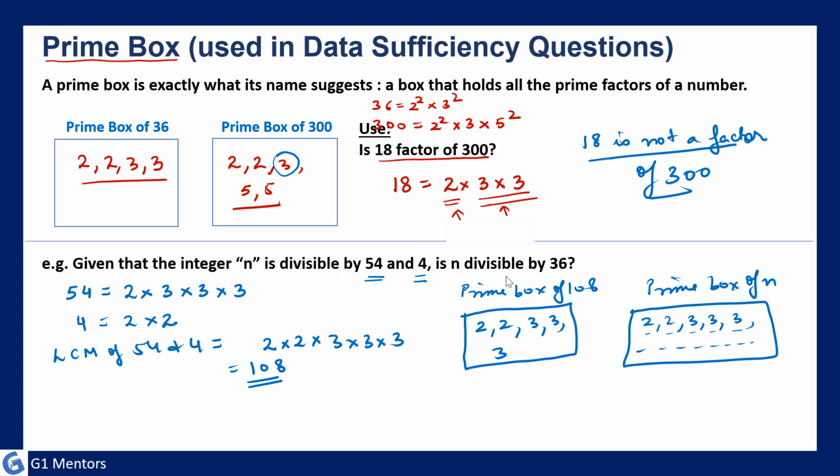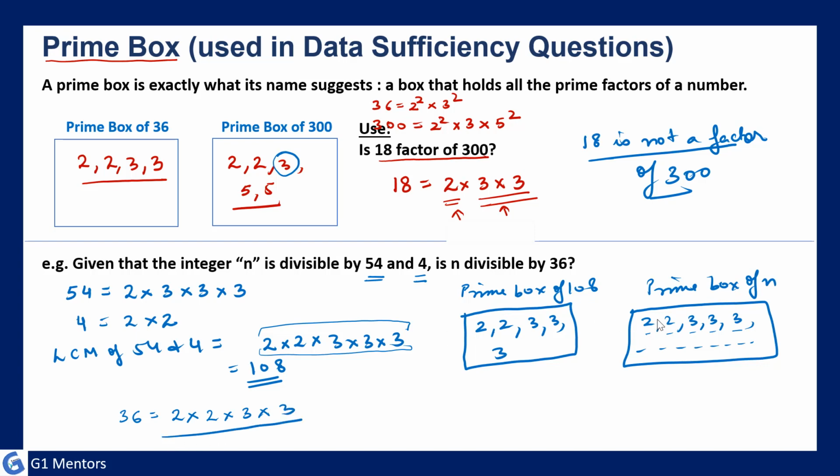If n has to be divisible by 36, so the factors of 108, there must be some combination which should be making 36. So what is 36? 36 is 2 into 2 into 3 into 3.